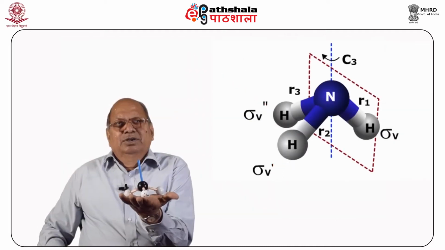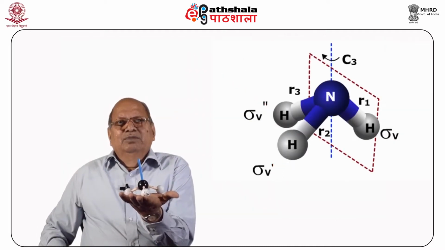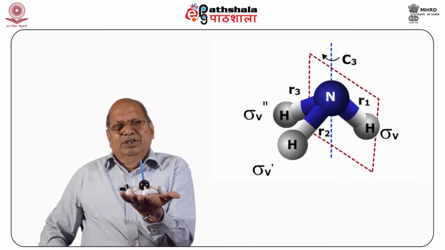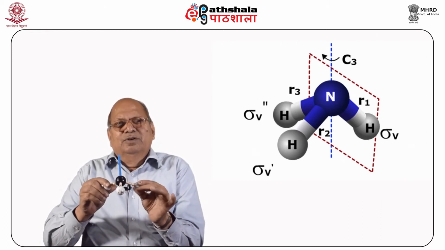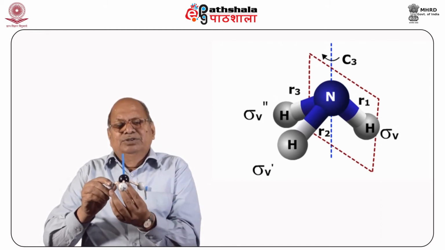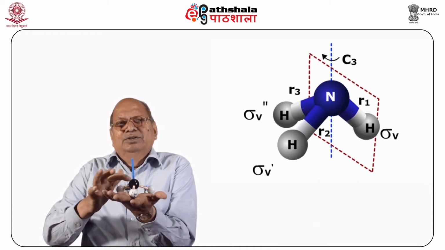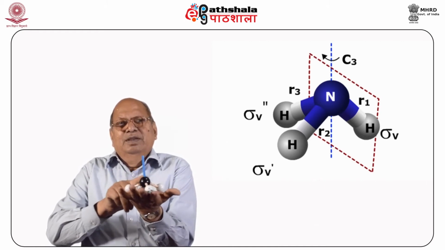Let us take ammonia molecule in which the NH bond vectors R1, R2, R3 are used as the basis for generating SALC. Now, I will explain this with the help of the molecular orbitals or by just taking this structure for this ammonia molecule. This is ammonia molecule and these are NH bonds in this.